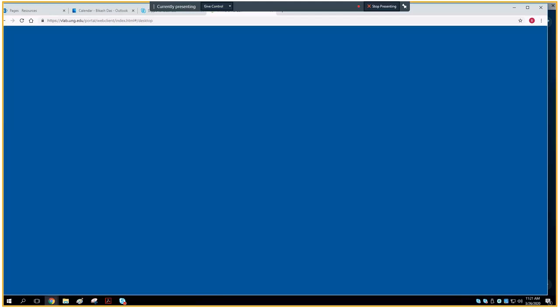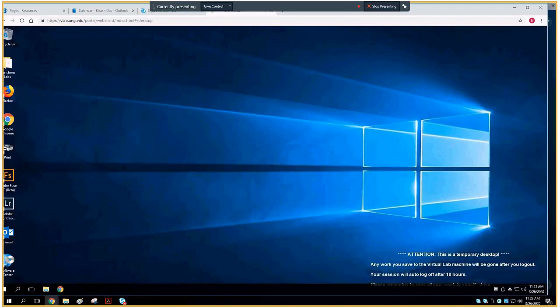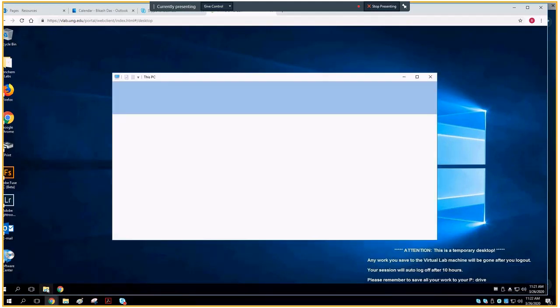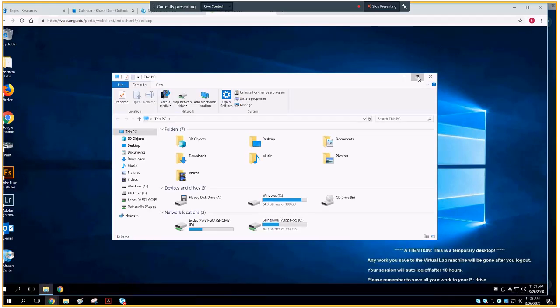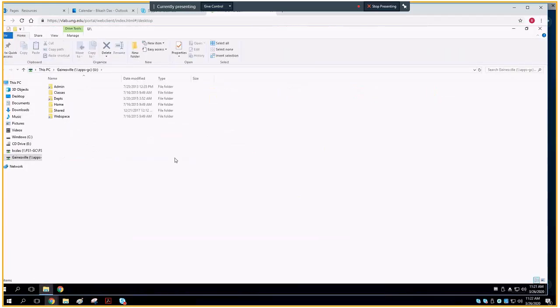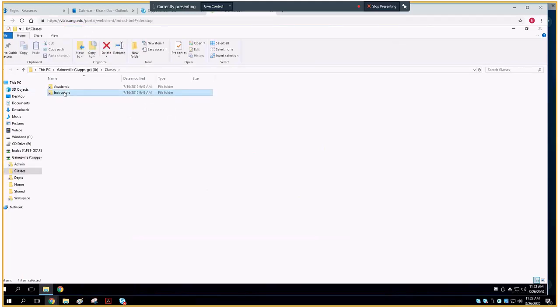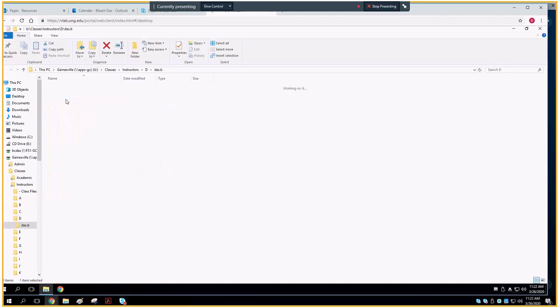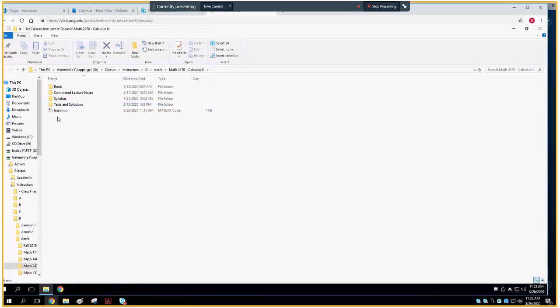Once I enter Virtual Lab, it's going to show you a UNG desktop page, and the next step for you will be to go to the library folder, select the U drive, go to classes, instructors, das.b, and then select our calculus 3 class, and you will see the int.sim.m MATLAB coding.